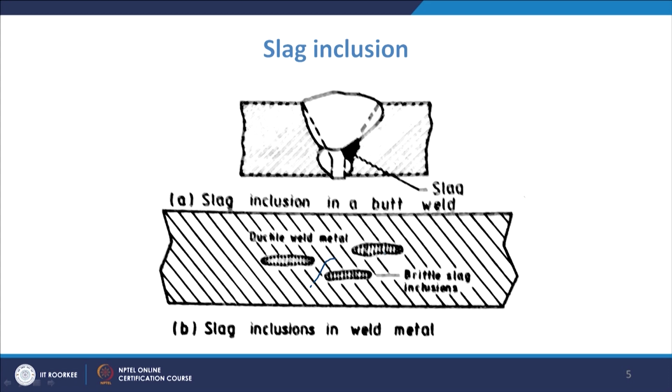Basically it is because of the trapment of the slag, and maybe many a times you have the trapment of the flux that creates the inclusions which are there inside. Many a times these slags are forced, in case of shielded metal arc welding, to go inside, and then they are not able to come up.